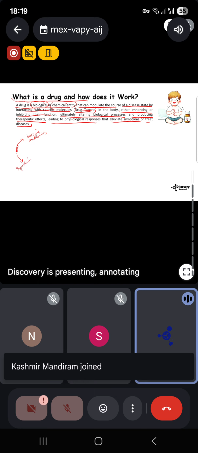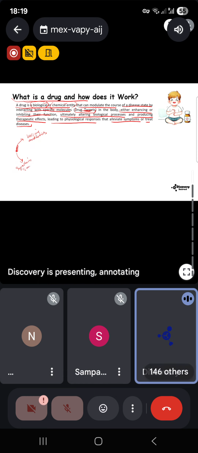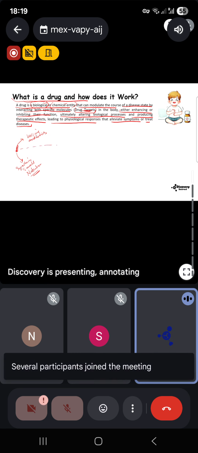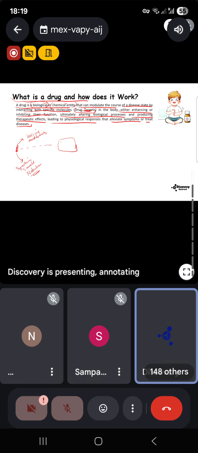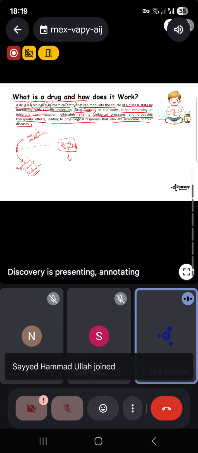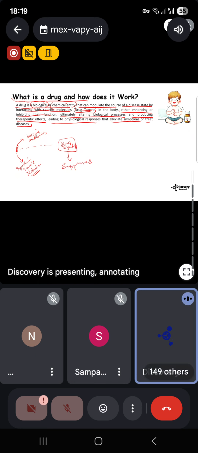You can synthesize drug molecules, small molecules mostly, and there are also natural products, drugs from natural products. What they do is interact with these drug targets. So what are these drug targets? They can be enzymes, proteins, ion channels, etc.